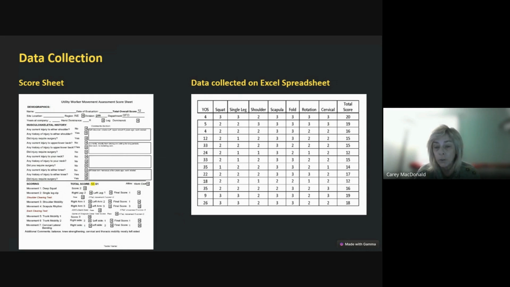So if you wanted to, you could just write with paper and pen and then enter it into the spreadsheet later, or it was also a PDF, so you could just fill it in. We did want to keep the score sheets for a later date so that we could compare them and also see changes within the individual, because we were taking the lower score for some of those symmetry motions, like the shoulder.